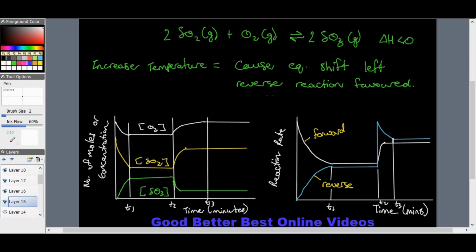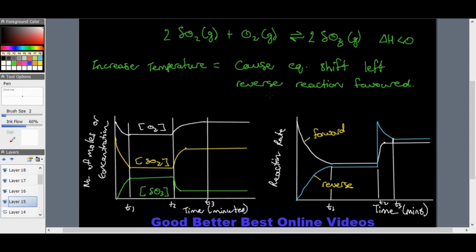It'll be endothermic, because that's under the theory of Le Chatelier's principle, the attempt of the reaction to counteract the effect of the change in equilibrium. Not just the change of the rates at which products are formed, but now we're trying to counteract equilibrium. So if we can understand that factor, we won't get too confused with why the reverse reaction would be favored if there's an increase in temperature.